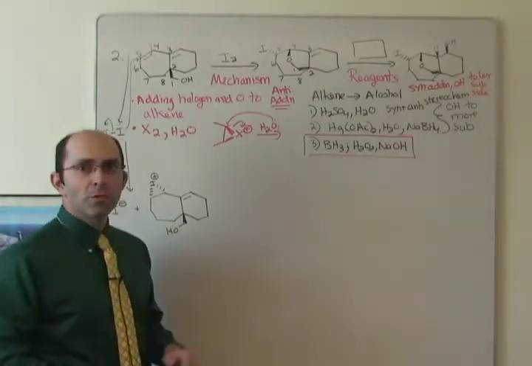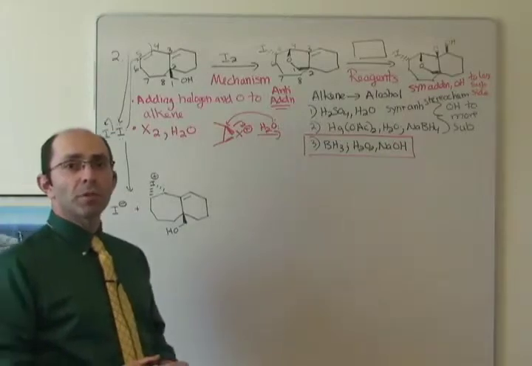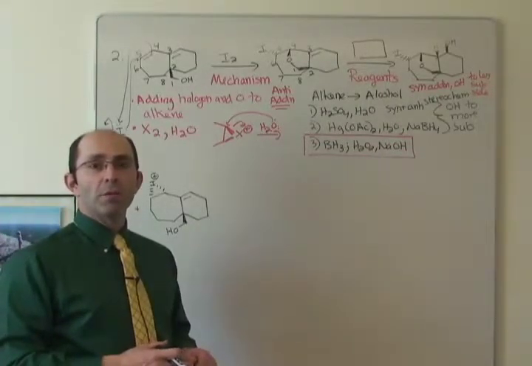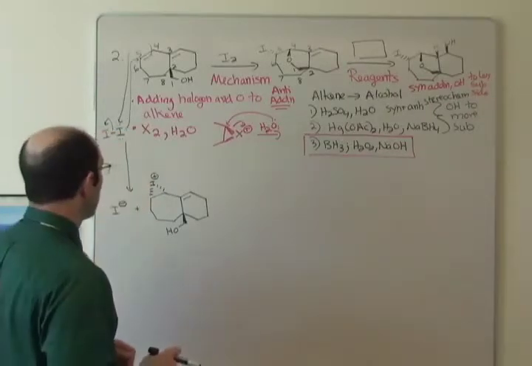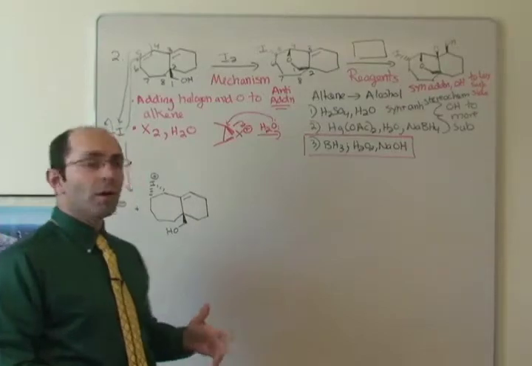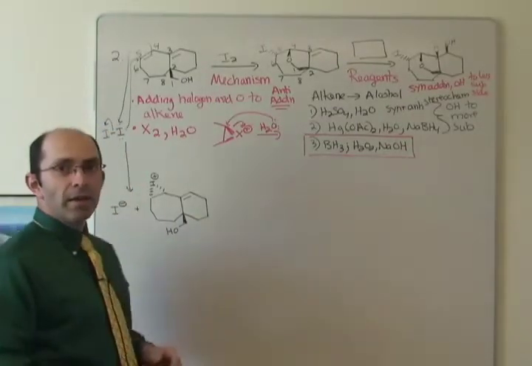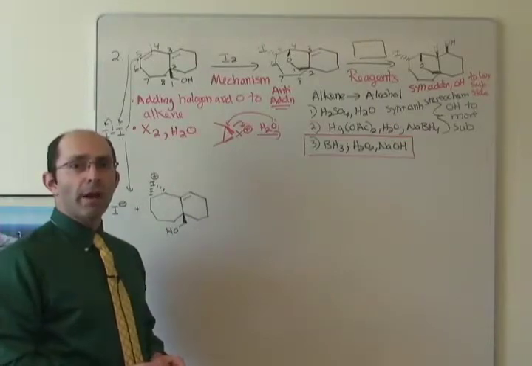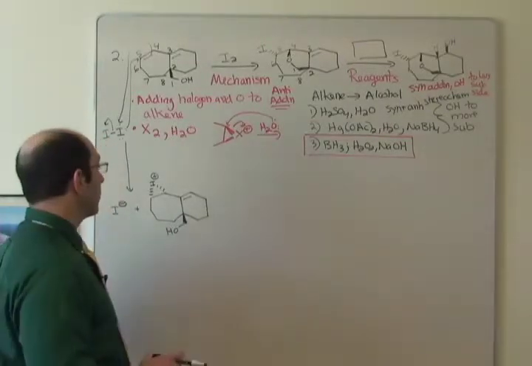Again, these are the intermediates we draw every time we do a reaction with X2, right? Whether it's just Cl2, Br2, I2, or it's those things plus water, right? And again, there's nothing else in here. We haven't added water. We could imagine the I minus attacking, but we've talked about how intramolecular nucleophiles often react faster than intermolecular nucleophiles.